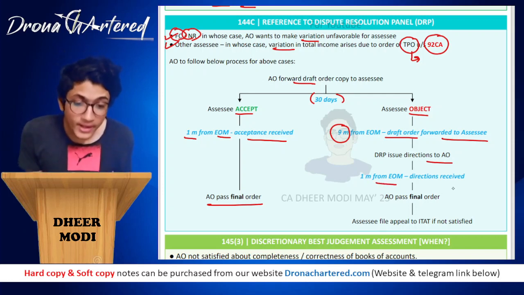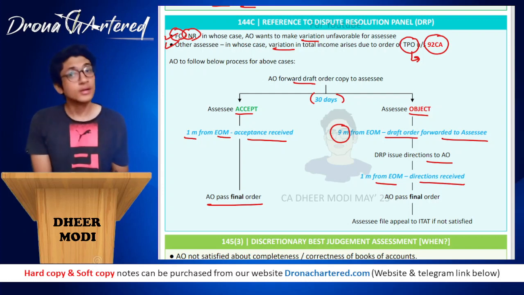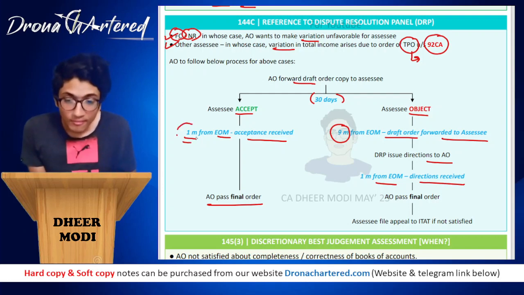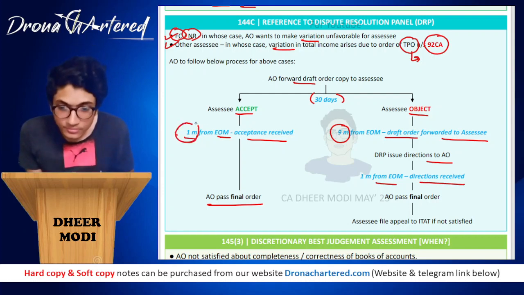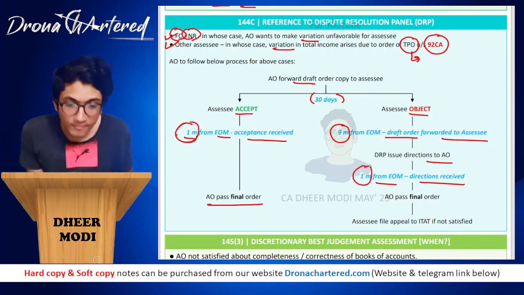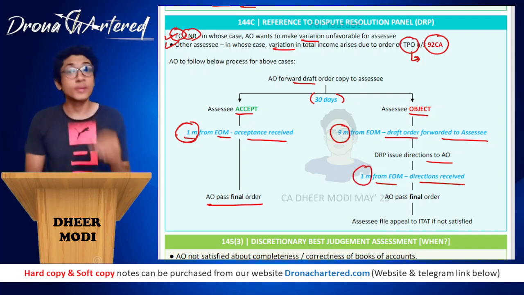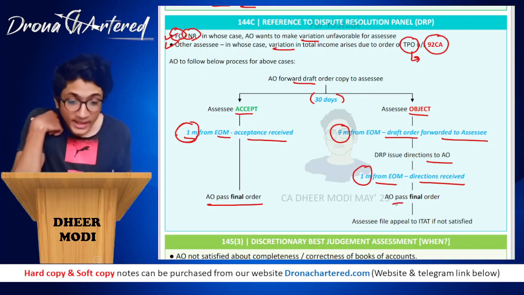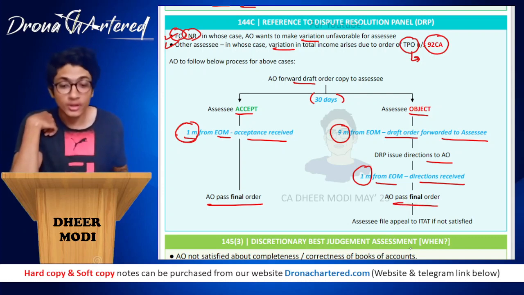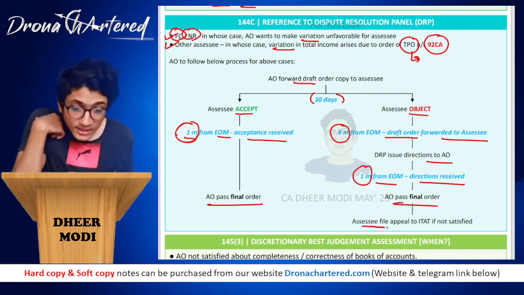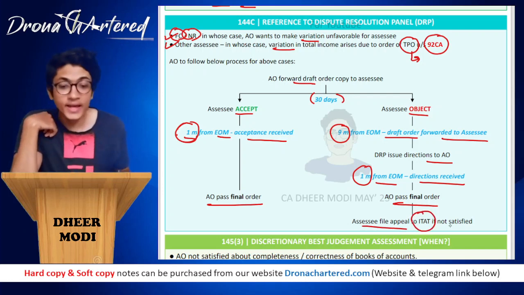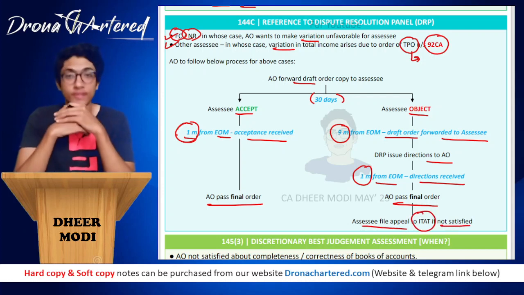Within 1 month from end of month, the directions shall be received. So 9 months and 1 month. Within 1 month from end of month, the direction shall be received, and then AO shall pass final order. SSC can file appeal to your ITAT if he is not satisfied.